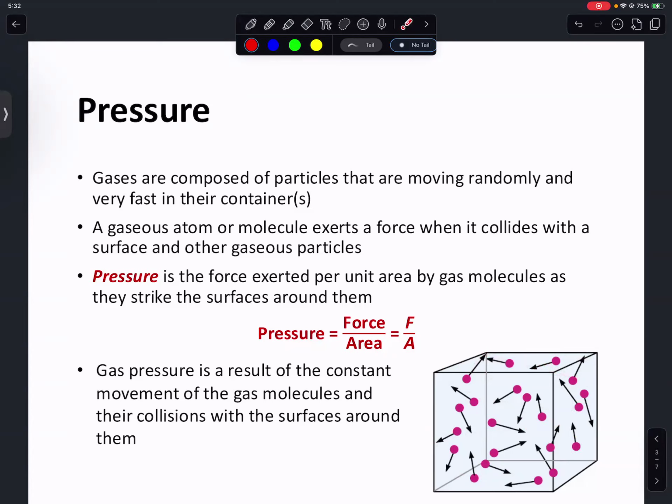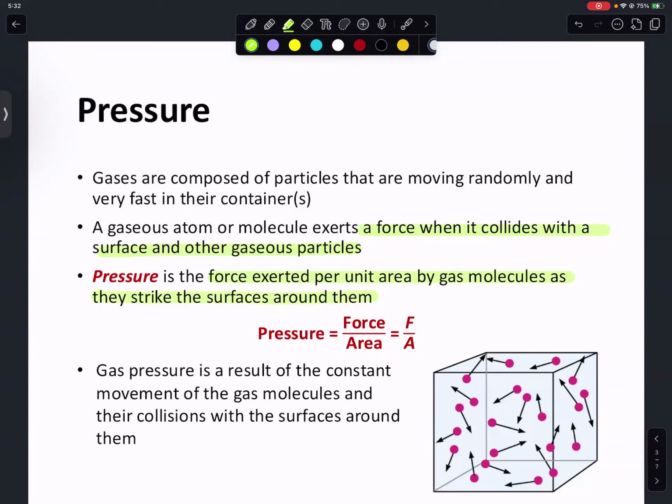And because of this property, they tend to exert a force when they collide with the surface or other gaseous particles. And this leads to pressure, which is the force exerted per unit area by gas molecules when they strike the surfaces around them.